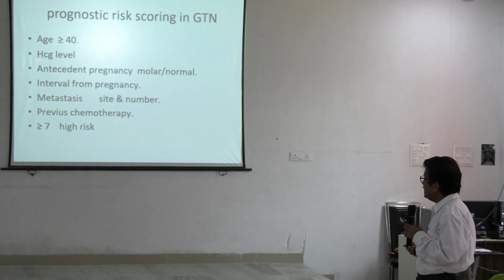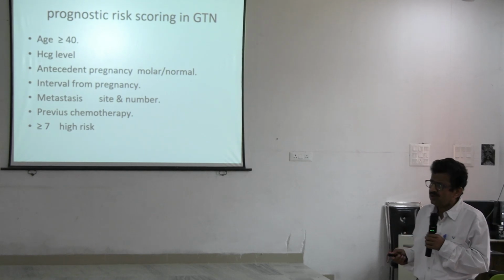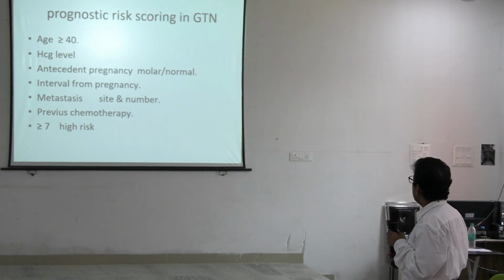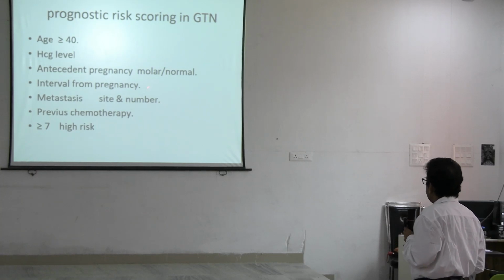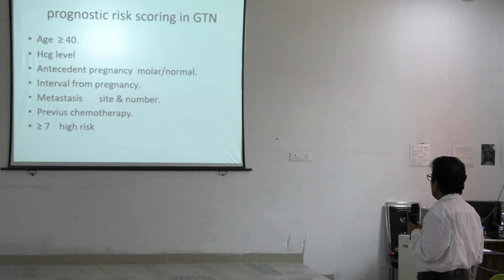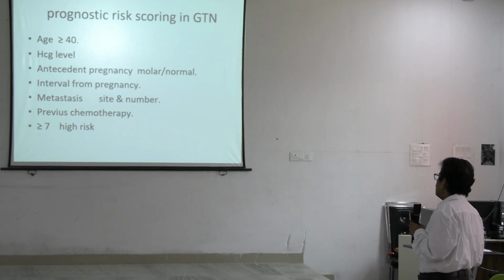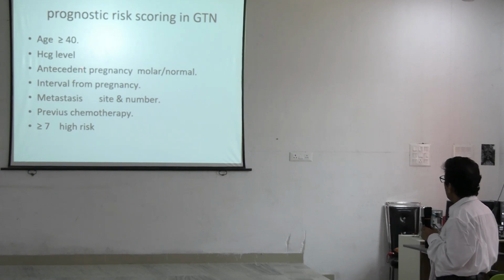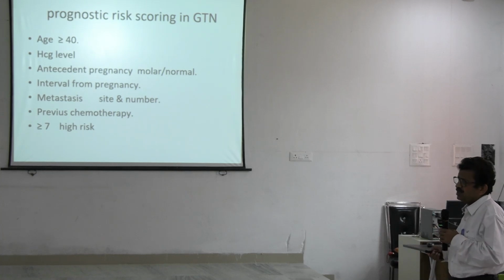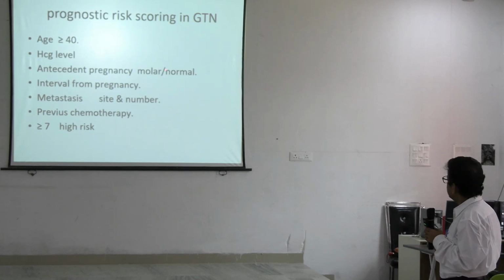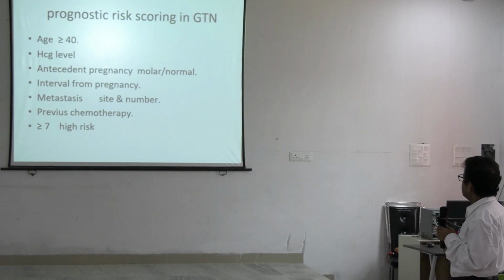If the hCG level is very high, suppose 1 lakh or more, then the chance of GTN is there. Then the antecedent pregnancy, whether molar or normal: GTN may develop following molar pregnancy in 20%. If it is after a normal pregnancy, it is almost always GTN. But in case of molar pregnancy, only 20%.